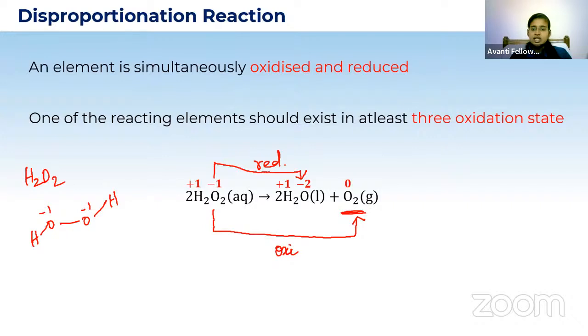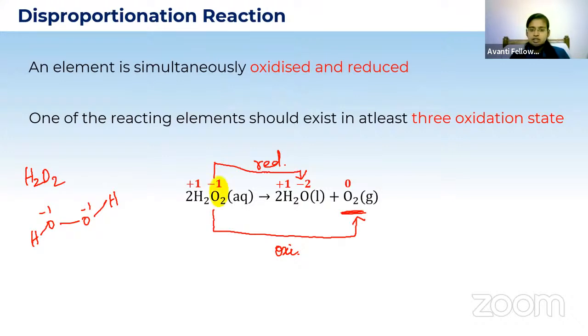So it is called oxidation. One element is getting reduced as well as getting oxidized. Totally it is existing in 3 different oxidation states in this reaction. One of the reacting elements is existing in 3 oxidation states. This type of reaction is called a disproportionation reaction.